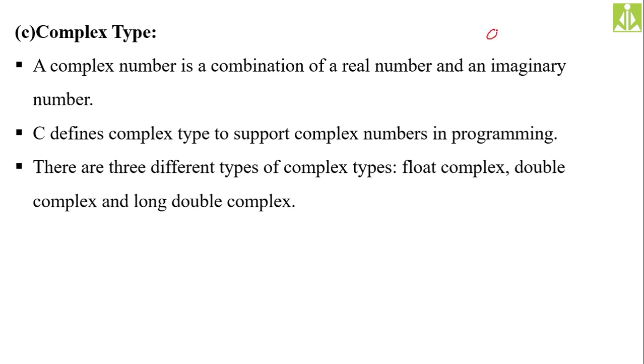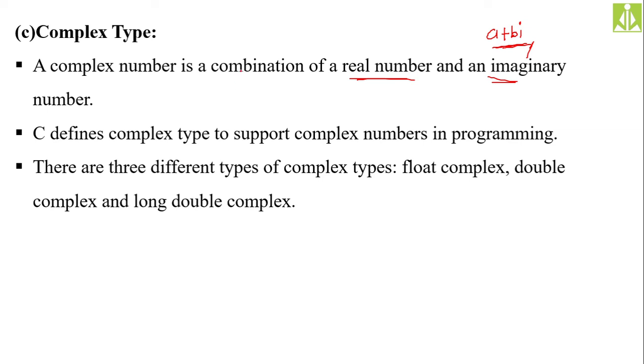Where a and b are real and i is the imaginary part. Numbers of the form a plus bi in mathematics we call complex numbers. To support these types of numbers, we go for complex types.